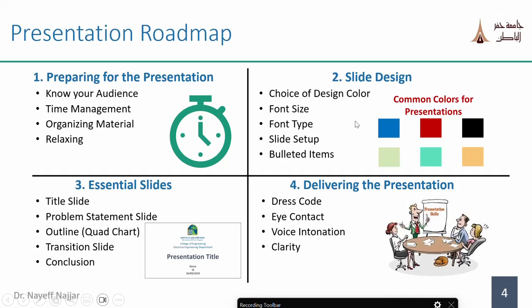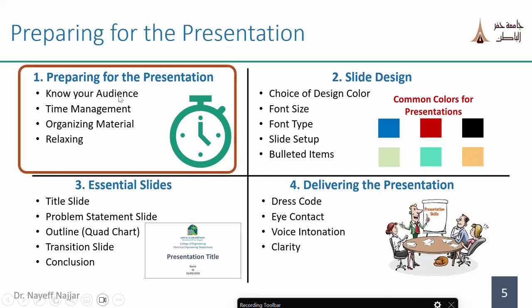Then slide design: how to design the technical slides, what colors to choose, the font size, and some of the basic or essential slides that must be there in any technical presentation. And also some basic standards for your dress and the delivery of the presentation.